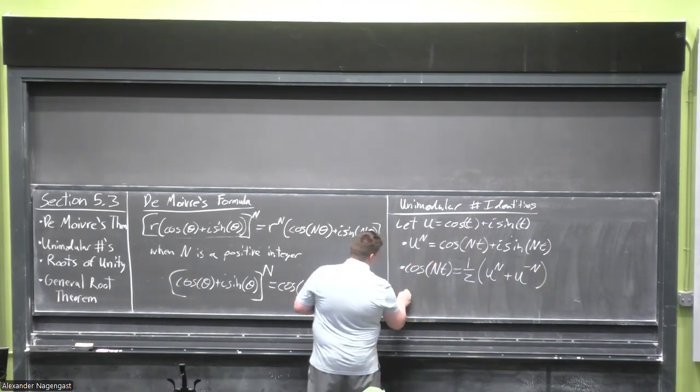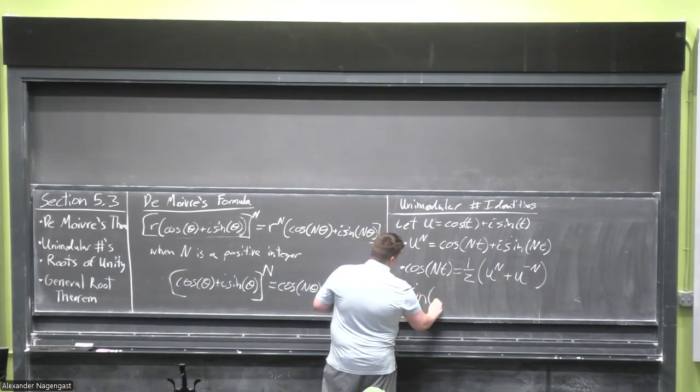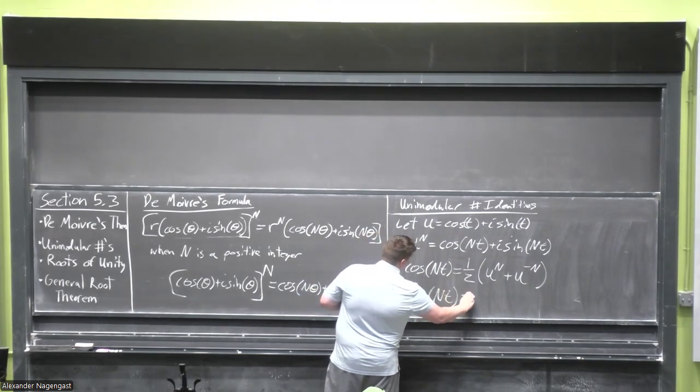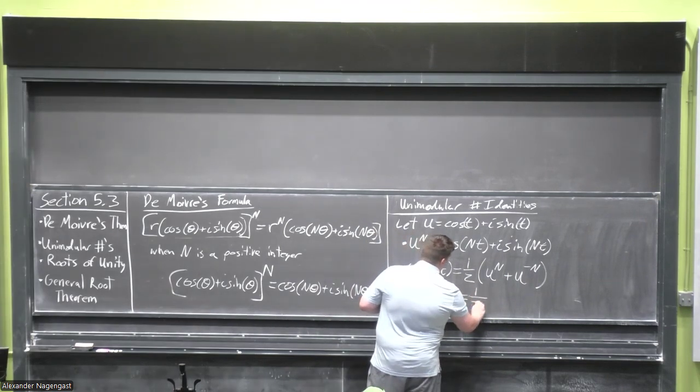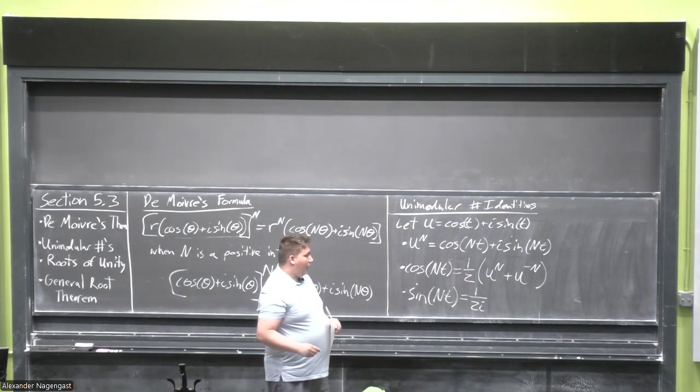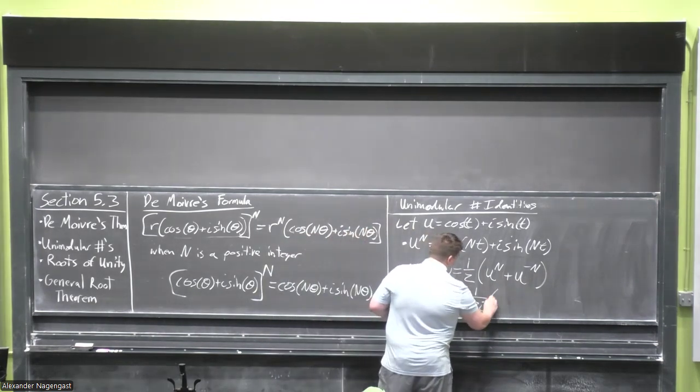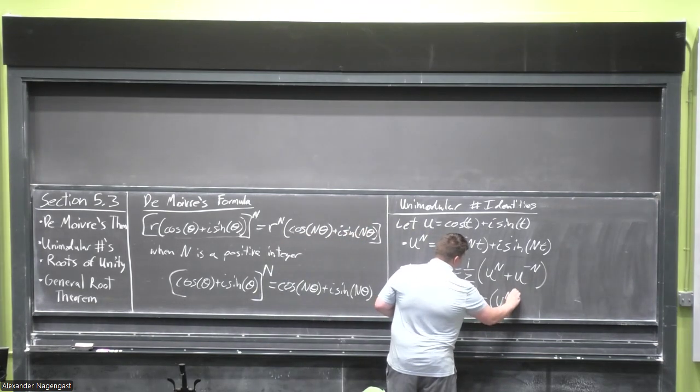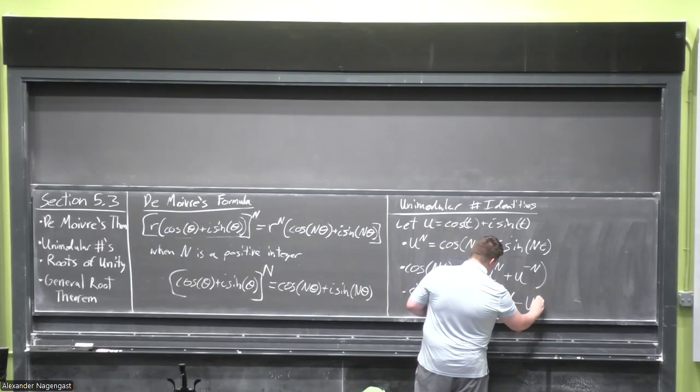We also get that sine of nt is equal to 1 over 2i times u to the n minus u to the negative n.